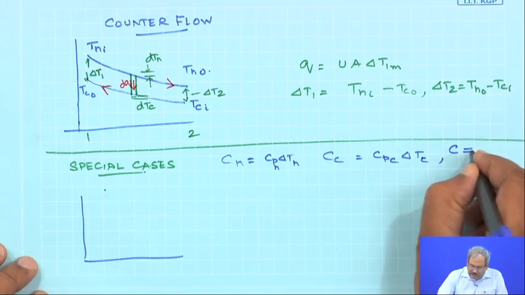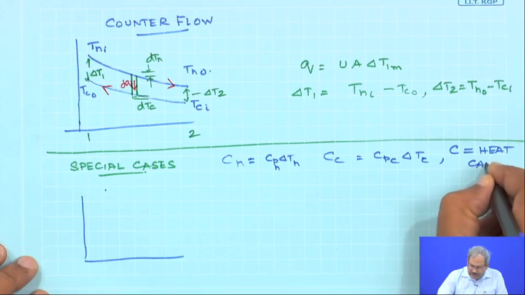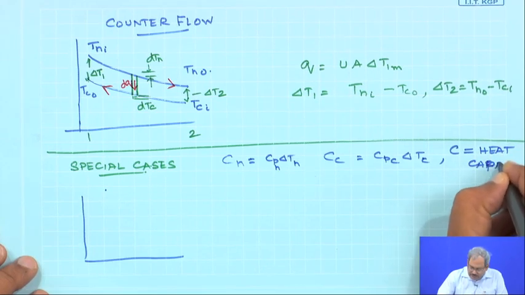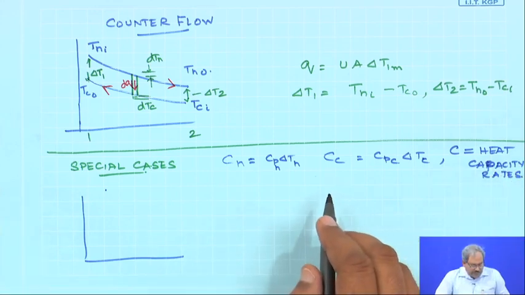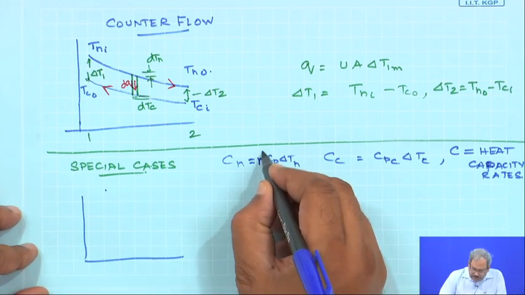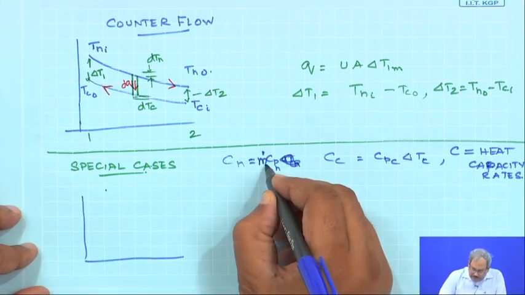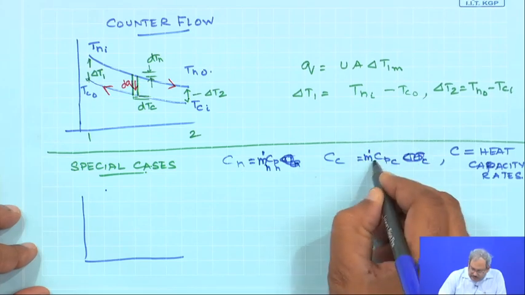So, these C are simply the heat capacity rates, which are nothing but m dot H C p h, m dot C C p c.